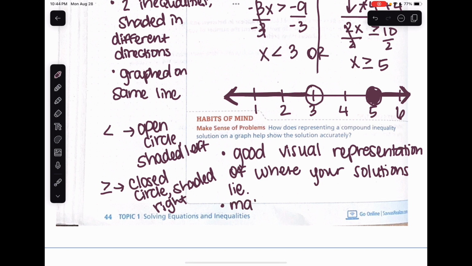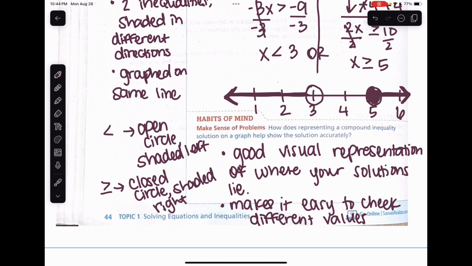Makes it very easy to check different values to see if they are a part of the solution.